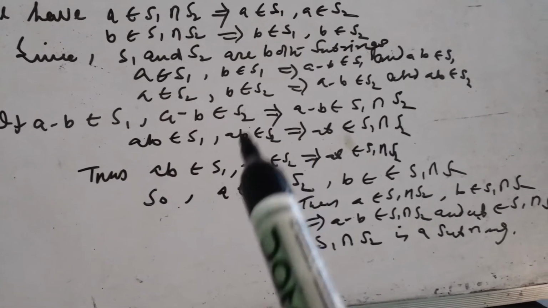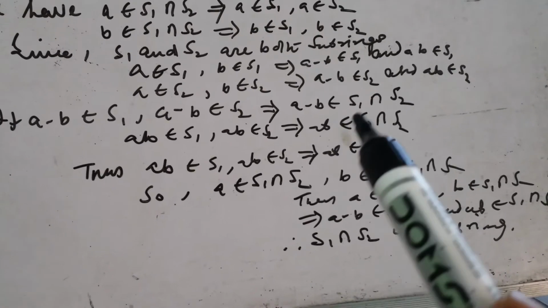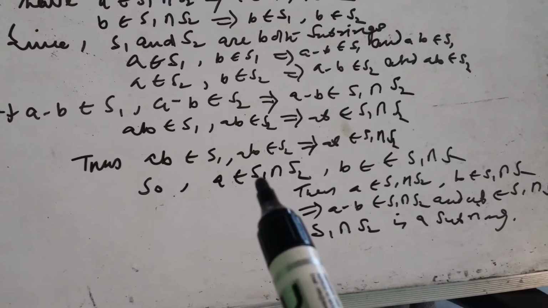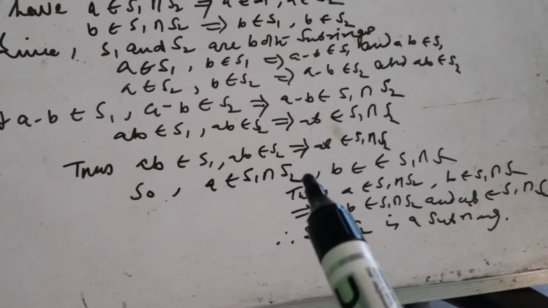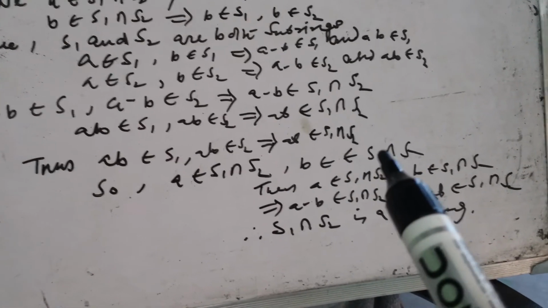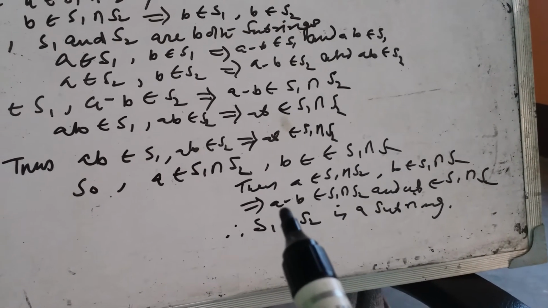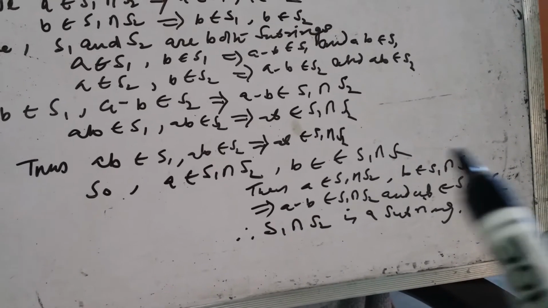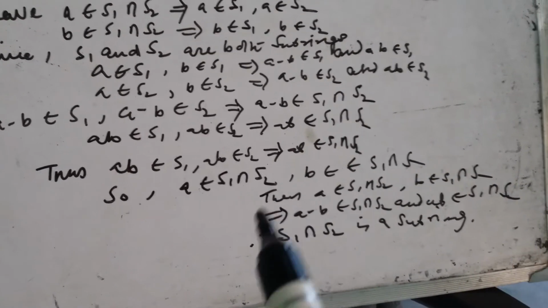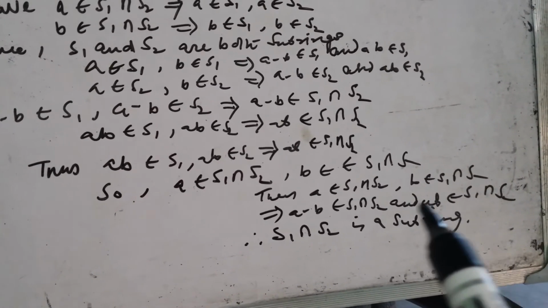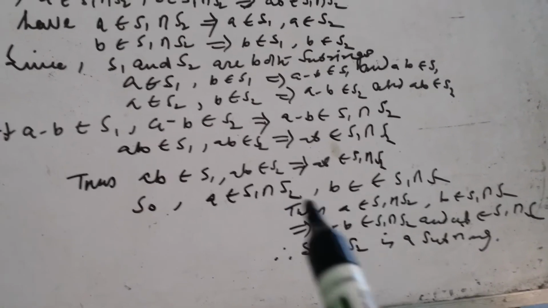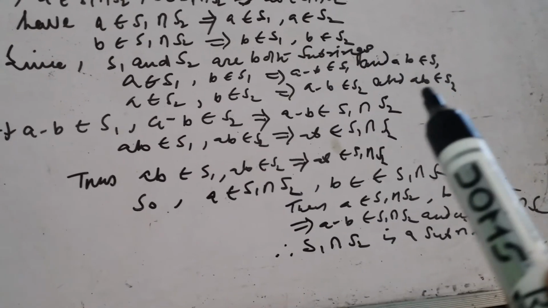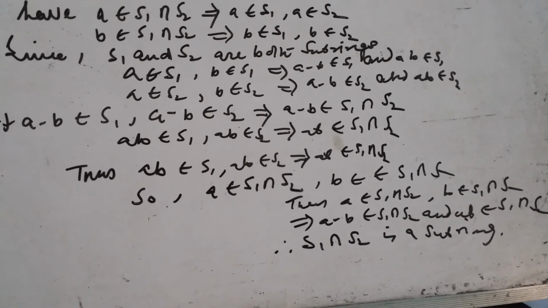AB belongs to S1, AB belongs to S2, so AB belongs to S1 intersection S2. Thus A belongs to S1 intersection S2, B belongs to S1 intersection S2, then A minus B and AB belong to S1 intersection S2. This is the condition of a subring, so S1 intersection S2 is a subring. We proved this because S1 and S2 both are subrings. Thank you so much.